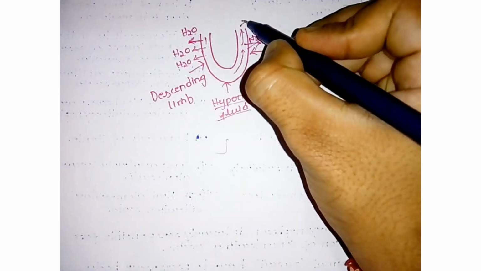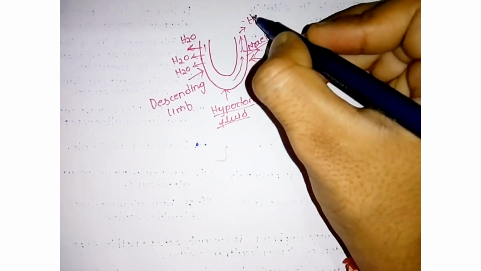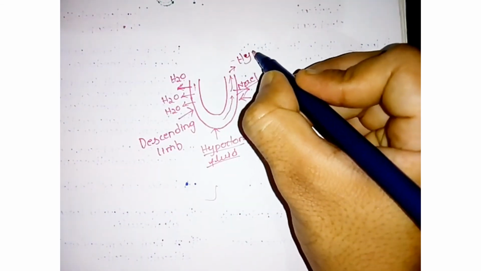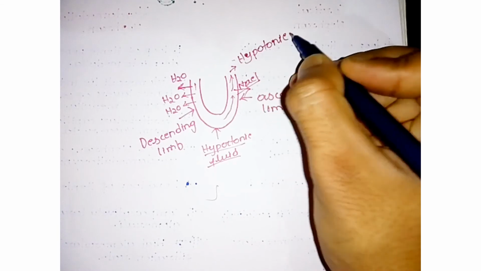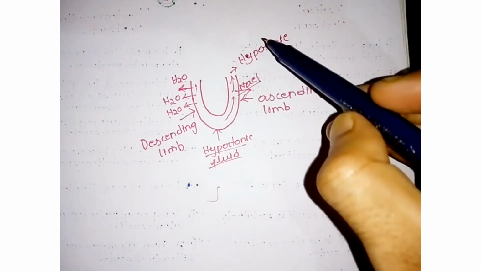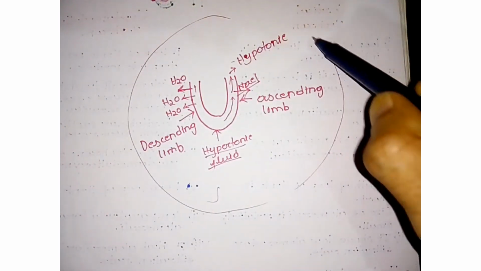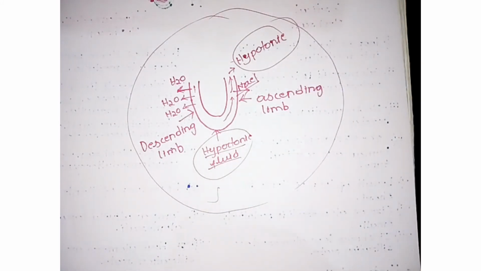That is why in the ascending limb the fluid becomes hypotonic. So the loop of Henle plays a very important role in the formation of hypertonic and hypotonic fluid. So these are the functions of the loop of Henle.